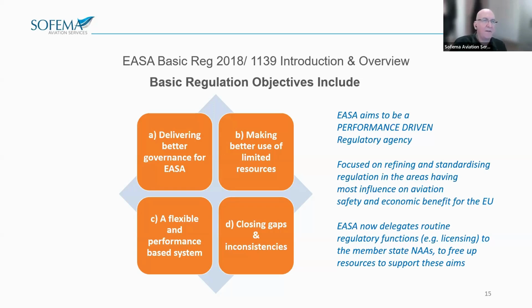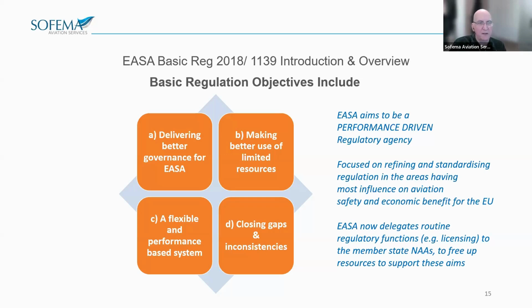So there we have it. EASA aims to be a performance-driven regulatory agency operating at quite a high level, and it's focused on refining and standardizing regulation in those areas which it sees to have the most influence on aviation safety and economic benefit for the EU. So coming out of that is a decision from EASA to now delegate more of the routine regulatory functions, such as licensing and approving organizations, to the member state national aviation authorities.